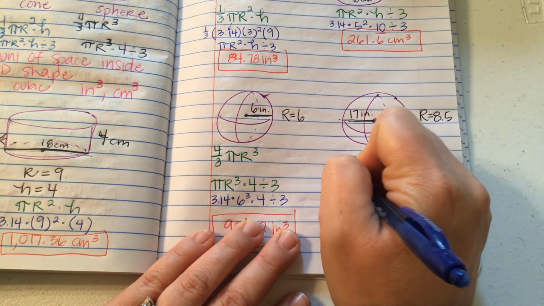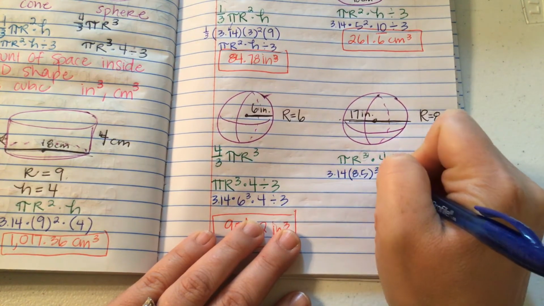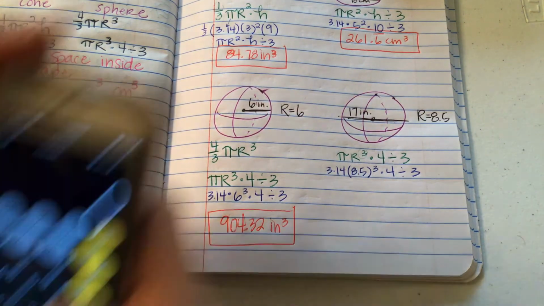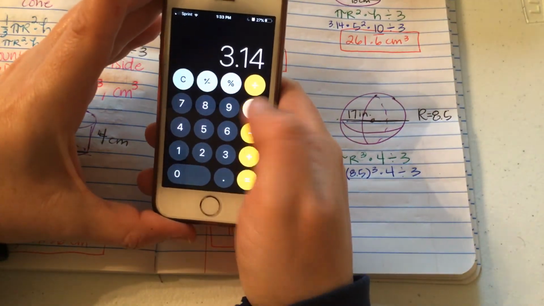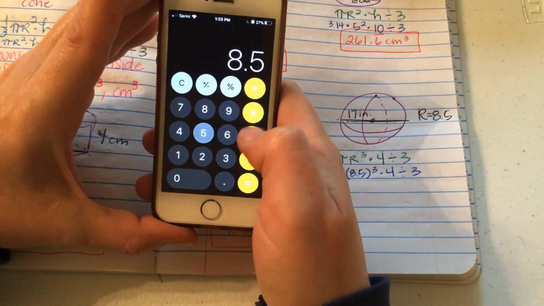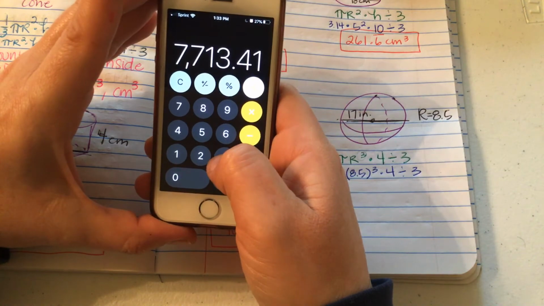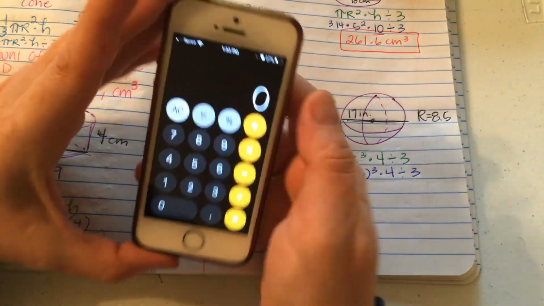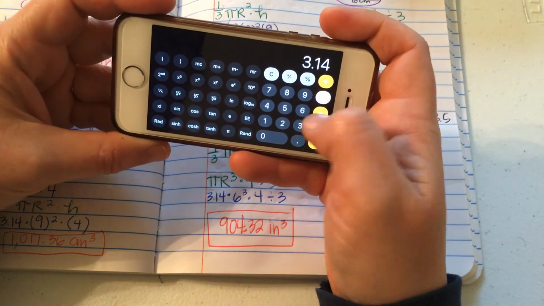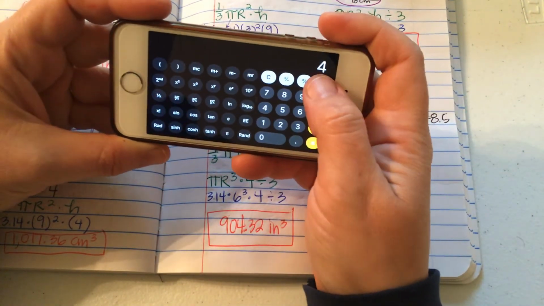I'm going to do 3.14 times 8.5 cubed times 4 divided by 3. 3.14 times, now I'm going to do this 8.5 3 times. 1, 2, 3 times 4 divided by 3. Again, if you want to use that cubed button, you're going to do 3.14 times 8.5 cubed times 4 divided by 3.